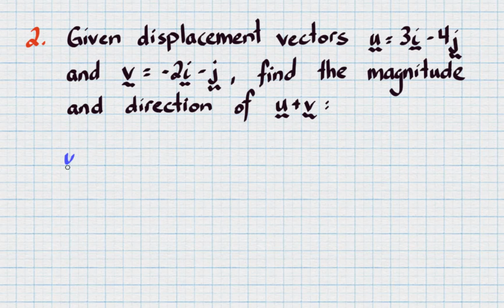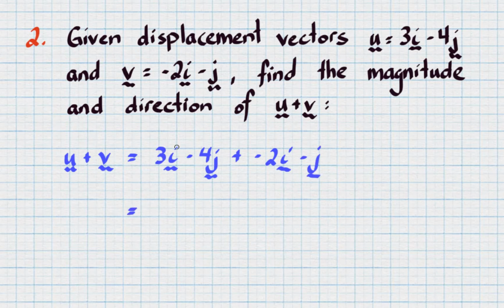So we know that algebraically, when we add vectors, that's quite a simple thing to do. So we have vector u, which is 3i minus 4j, and we're going to add on vector v, which is minus 2i minus j.